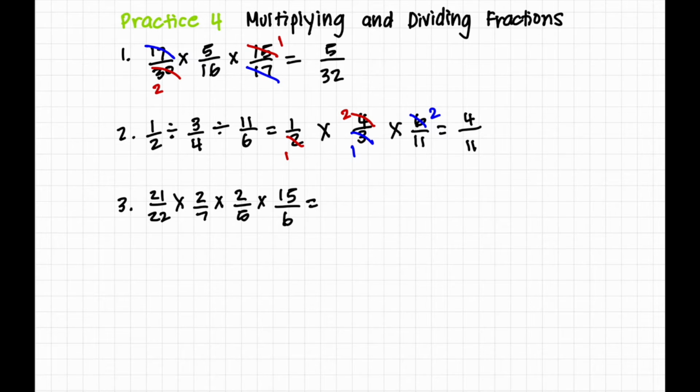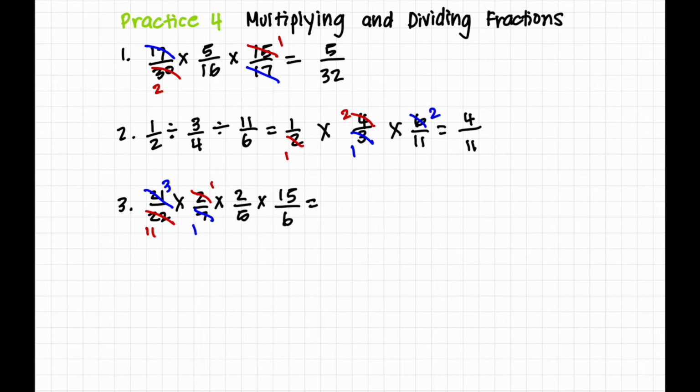Well, there's a 22 and a 2, and they're both divisible by 2. 22 divided by 2 is 11, and 2 divided by 2 is 1. Then there's a 7 and a 21. 21 divided by 7 is 3, and 7 divided by 7 is 1.